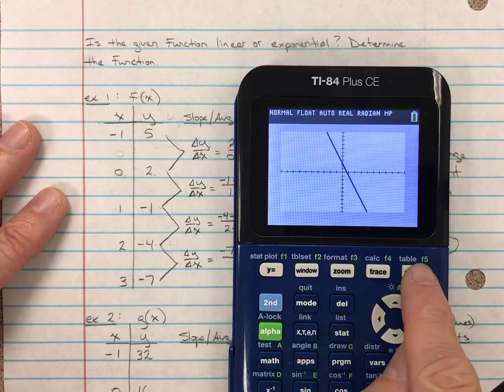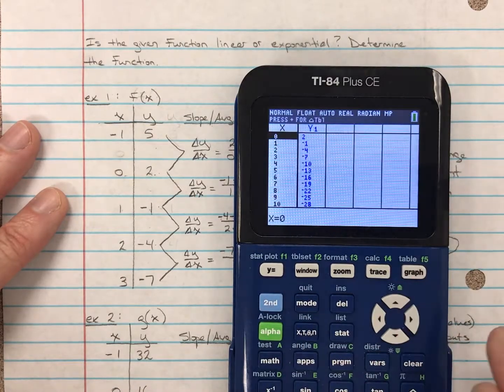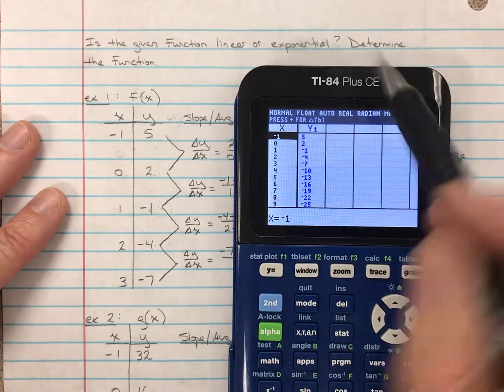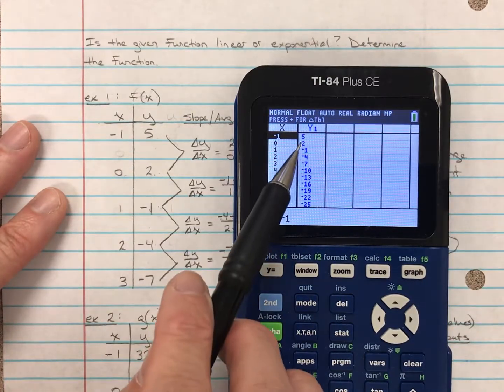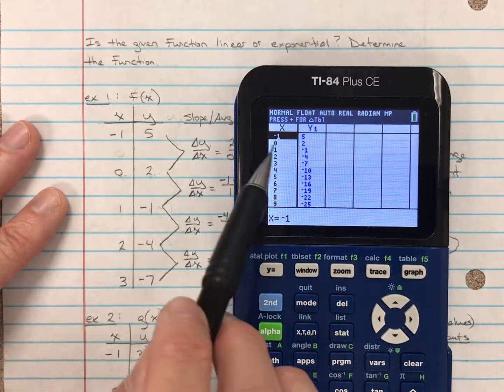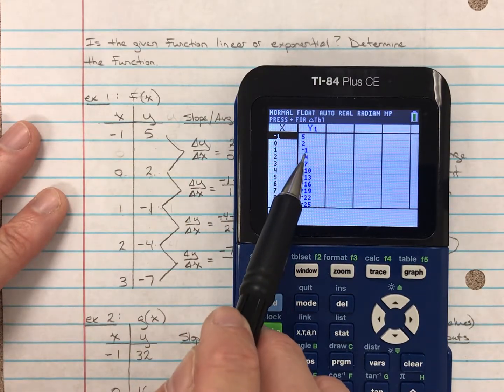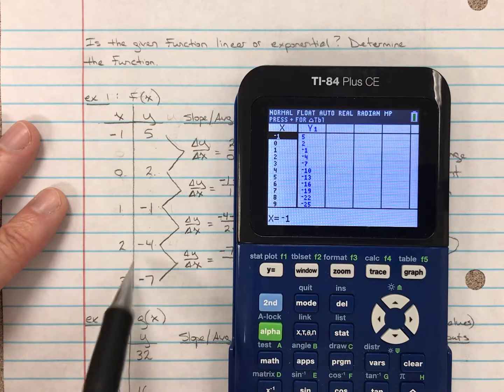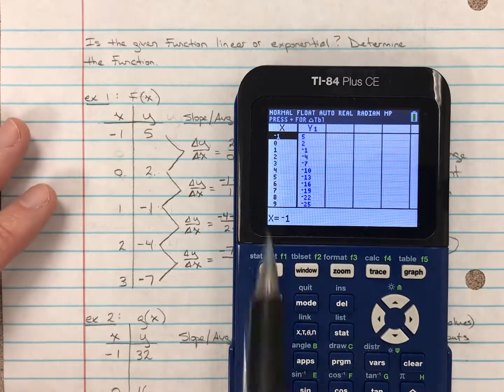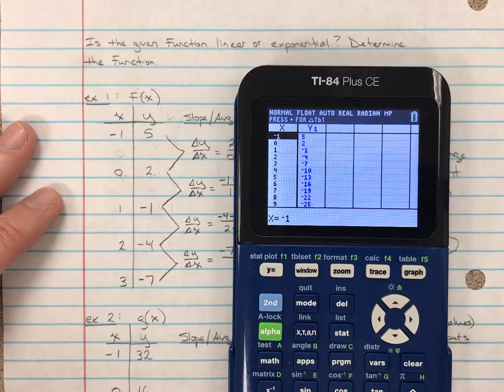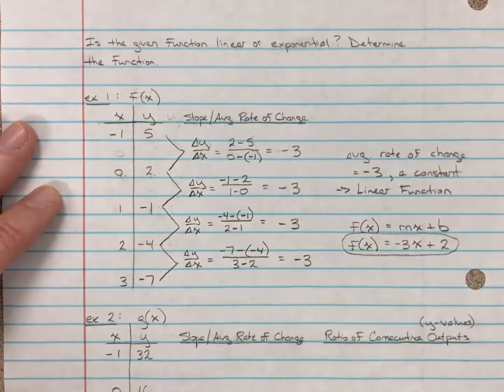And if we want to go to our table of values, hopefully my table is okay, they're set up. Let's take a look. When x is negative 1, you can see 5 comes out. When x is 0, you get the value of 2. When x is 1, out comes negative 1 as a y, 2, negative 4, and 3, negative 7.